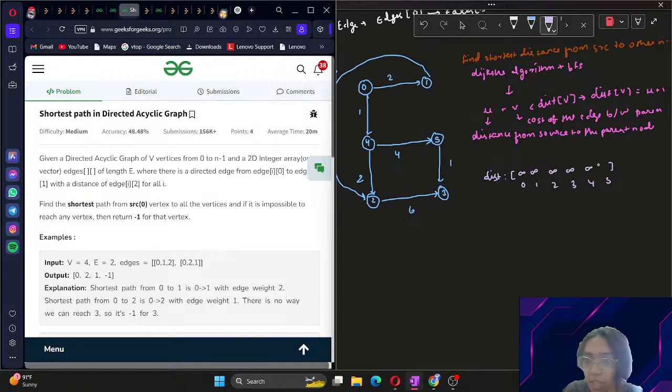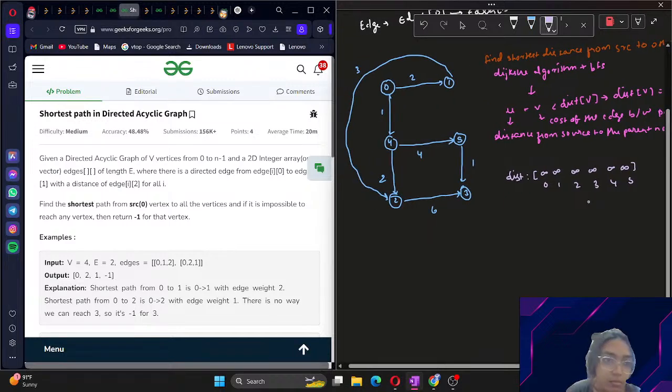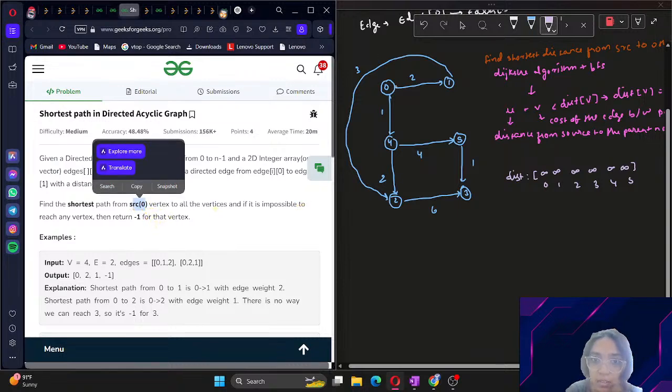Because we didn't visit any of these nodes, so we don't know the distance. Since we didn't reach any of the nodes, we are assuming that the distance to all the nodes is infinite at present. Right. Now, what did they give? They gave that the source node is going to be 0. So this is our source.